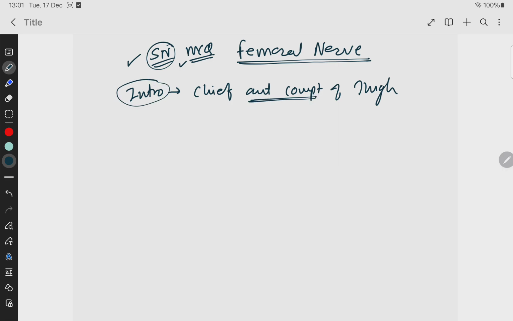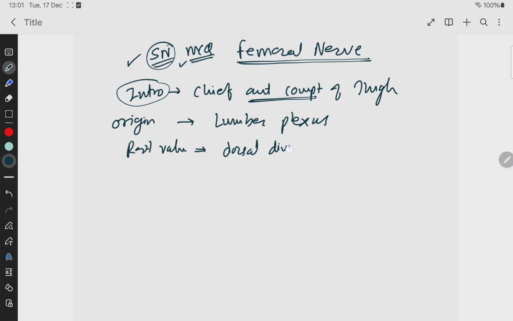Okay, so first introduction, then you have to write origin and the root value. So it originates from the lumbar plexus. So femoral nerve is a branch of lumbar plexus and it is formed by the dorsal division of anterior primary rami of L2, L3, L4 level.